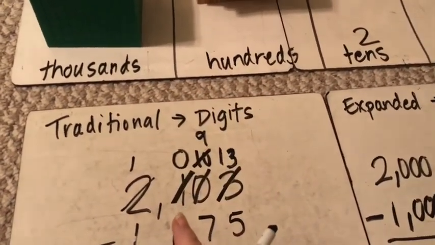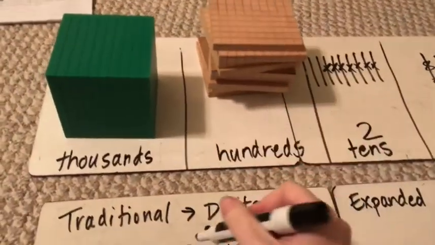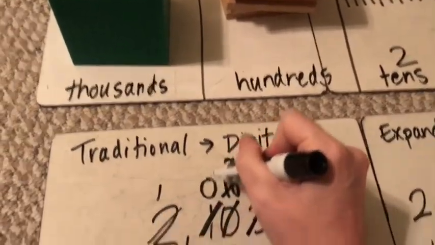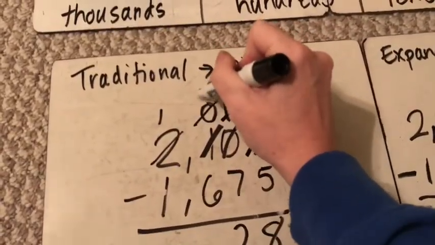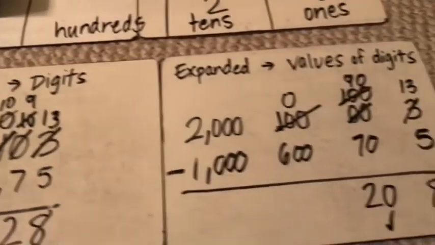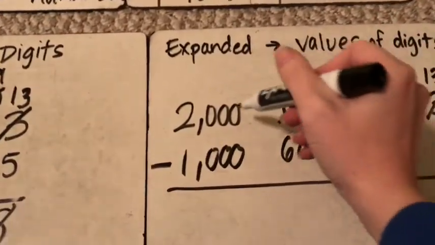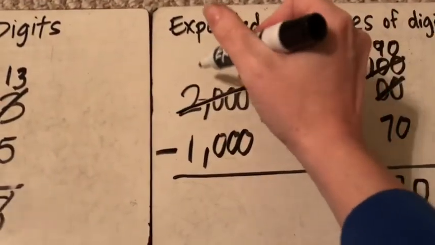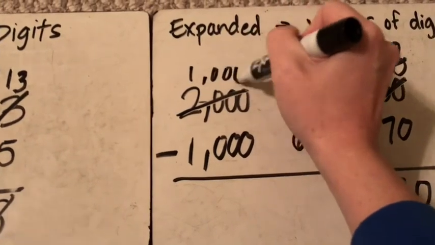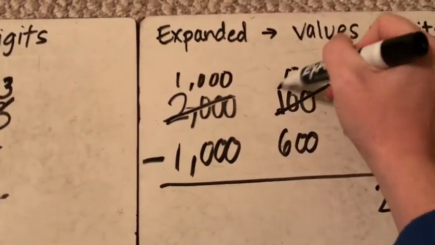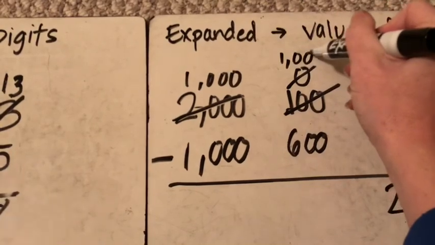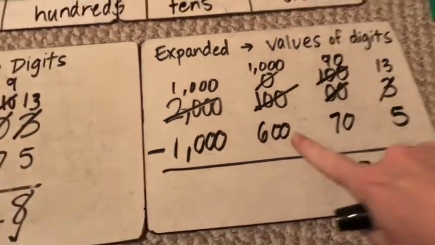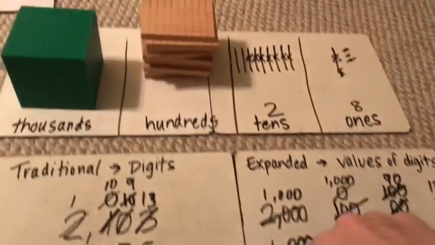And that 1,000 is still there, but now it's in the hundreds as 10 hundreds, because 10 hundreds is the same as 1,000. If I'm doing it in the expanded form, as I'm shifting that 1,000, 1,000 less than 2,000 is 1,000, and 1,000 more than 0 is 1,000. So now in my hundreds place, I can actually subtract that.